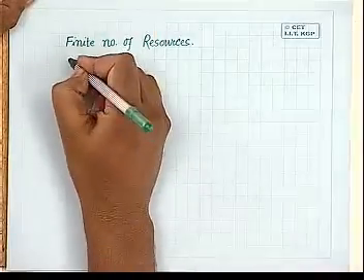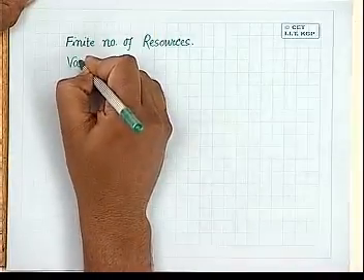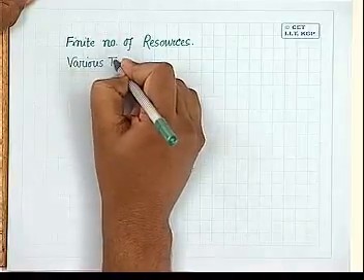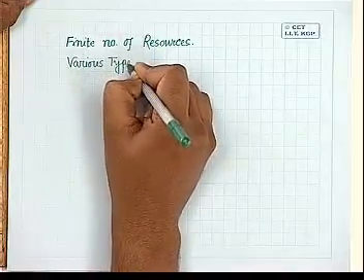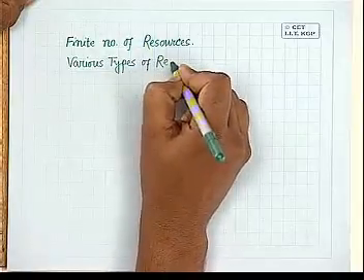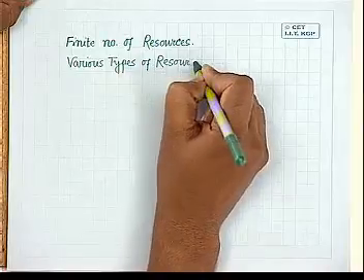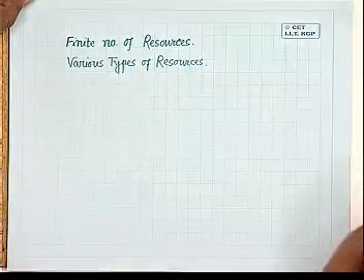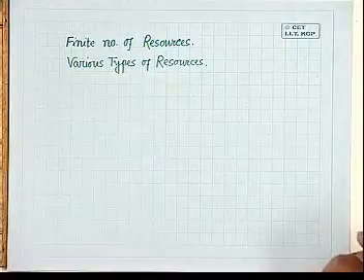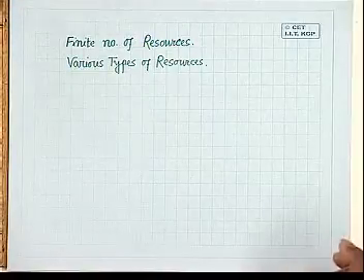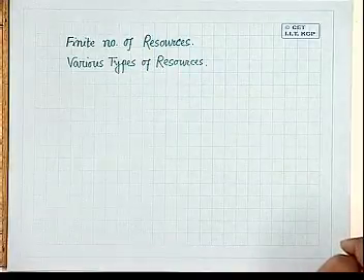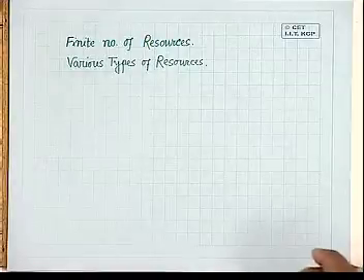Okay? So I can have various types of resources. Okay? And also we assume that every resource type can contain a number of identical resources, which we'll call instances of that particular resource type.